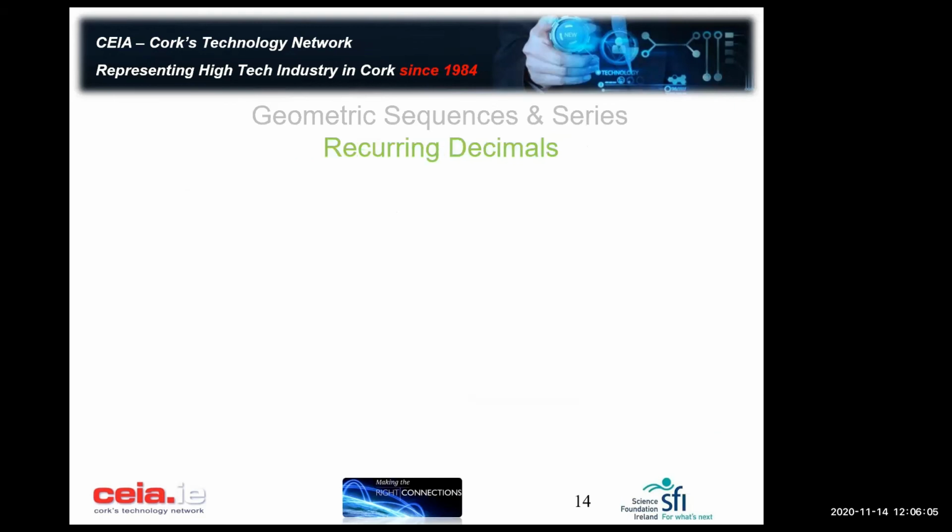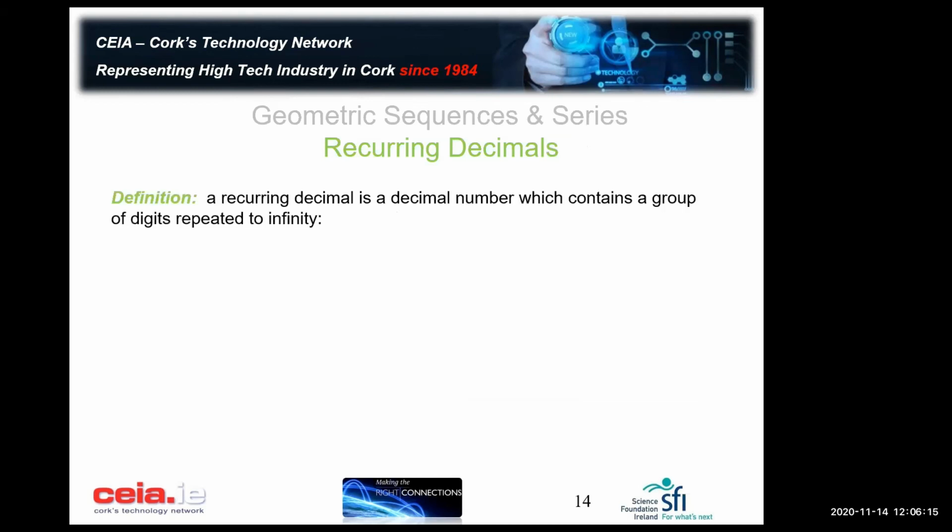Right, recurring decimals for the last part. So the recurring decimals, what are they? You definitely see these in the exam question. A recurring decimal is a decimal number which contains a group of digits repeated to infinity. So anytime you see a dot over a number, it means that's repeated to infinity.